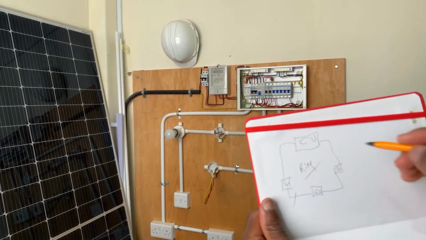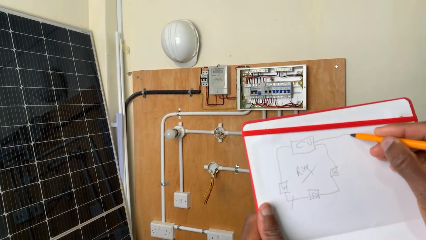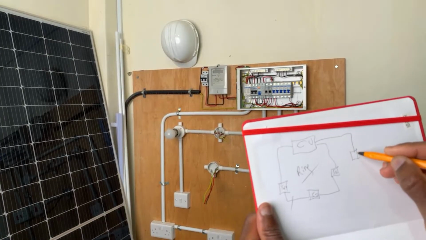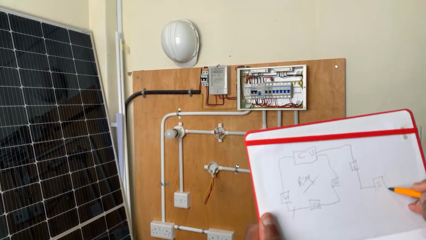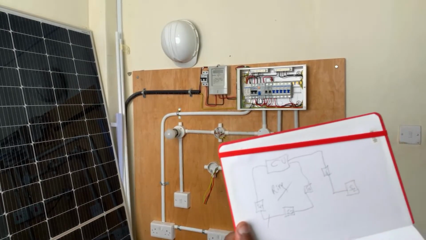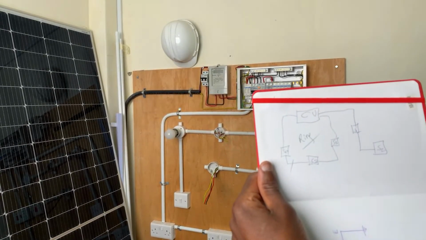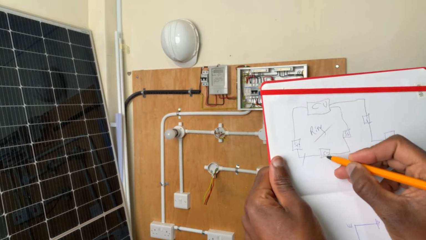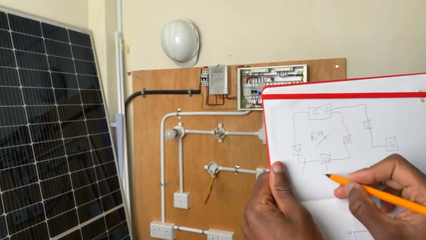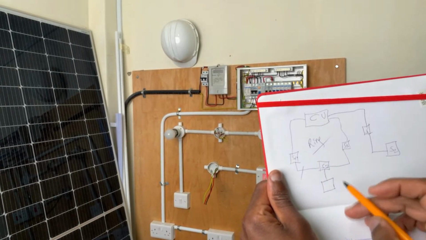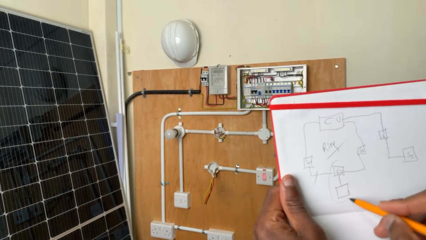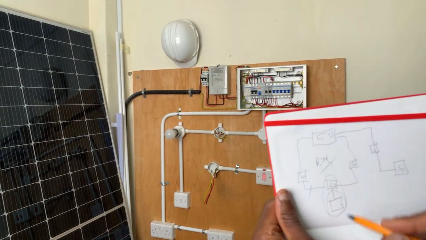But a radial will come all the way from the consumer unit, go to S1, and then go to S2, and probably that's it. We also have another type of connection which extends from here. What is the name given to this connection?